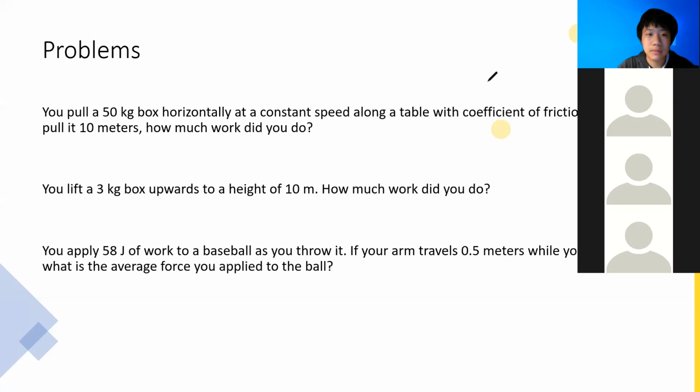So question 1 is pretty easy. You just have this box that's on a surface and you're pulling it with a force.